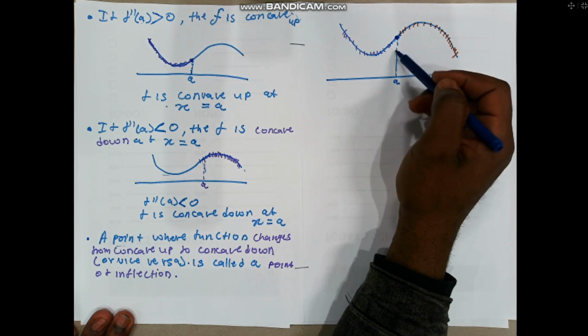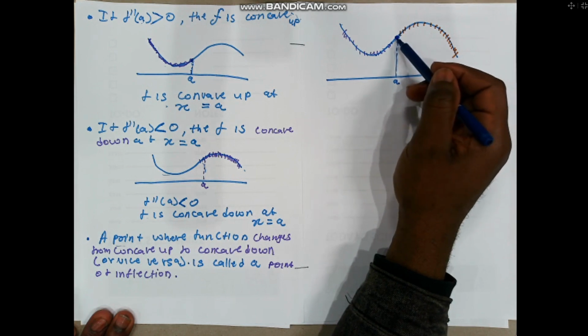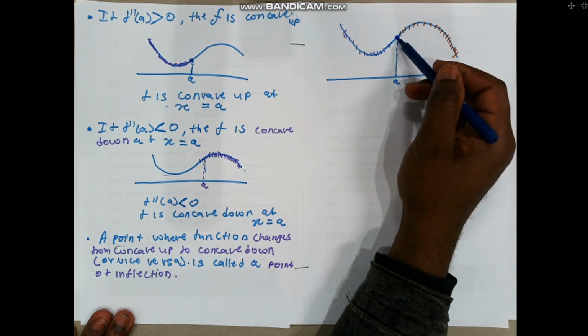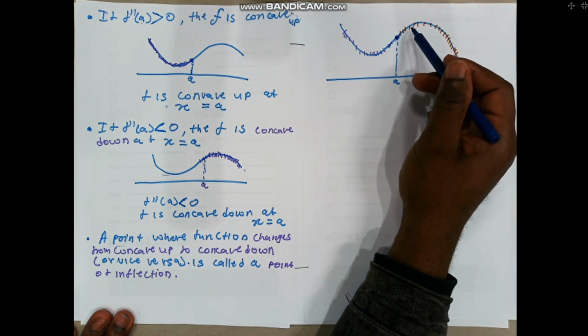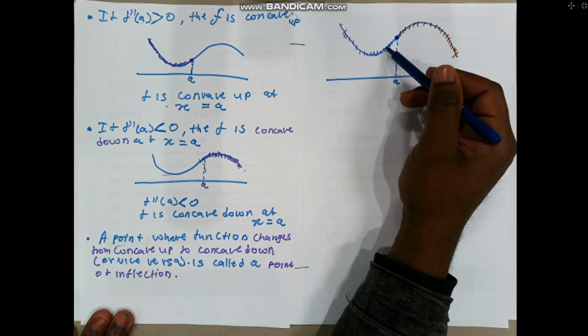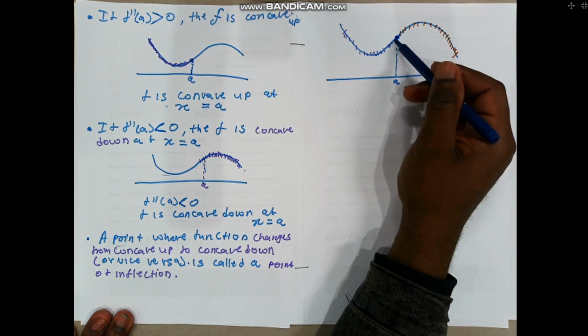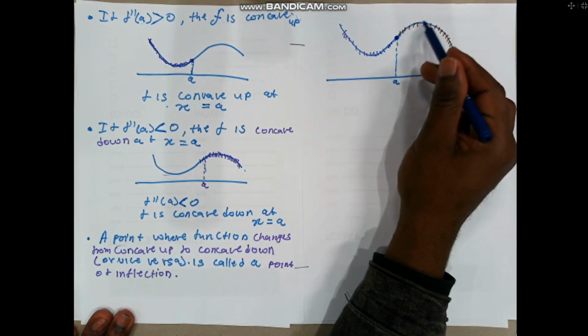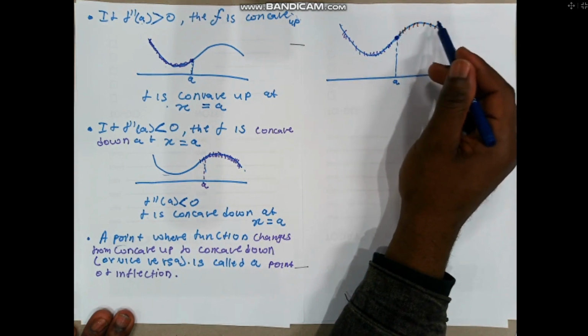So that's where the inflection point is. That's the purpose of inflection, to check where the graph changes its direction. It was concave up in terms of the concavity, and then here it changes, it's going to be concave down.